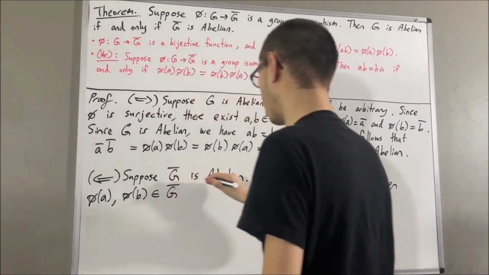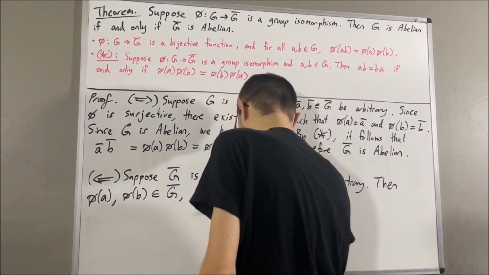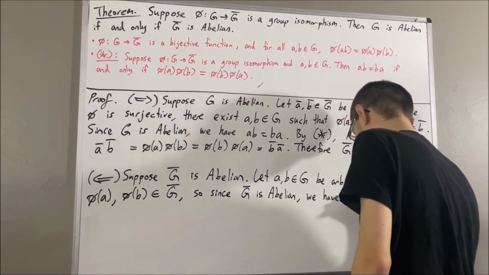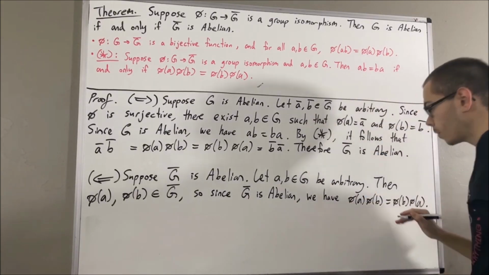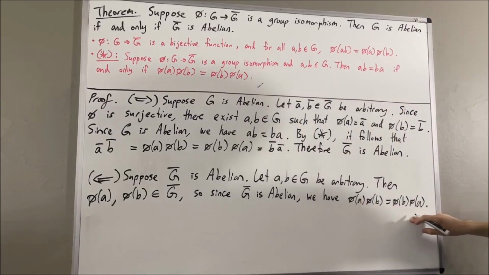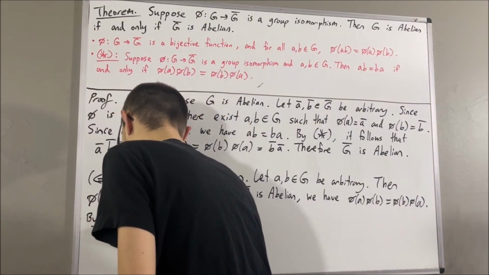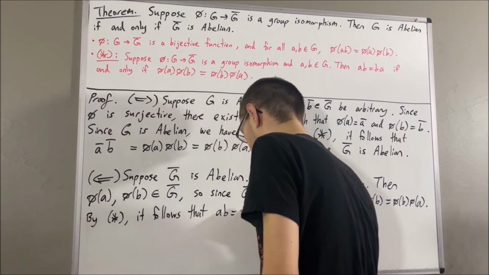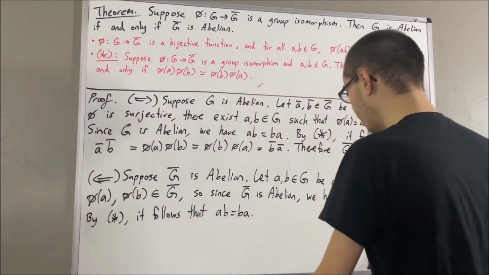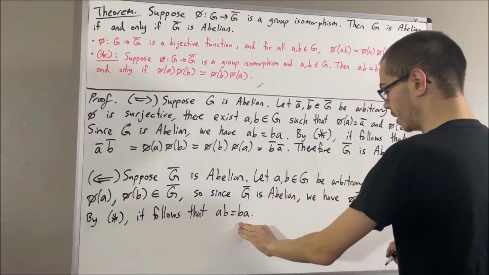But then, since G bar is abelian, phi of A and phi of B must commute. But then, according to star, since phi of A and phi of B commute, that implies A and B commute. So we see, given any two elements A and B in G, it follows that A and B commute.